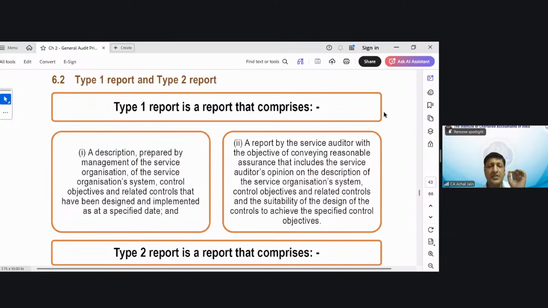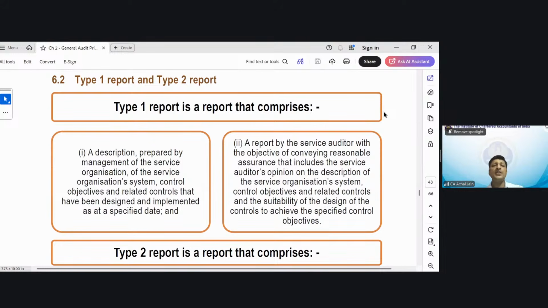On the top of this description, what will this report contain? A report by the service auditor with the objective of conveying reasonable assurance. That includes service auditor's opinion on the description.